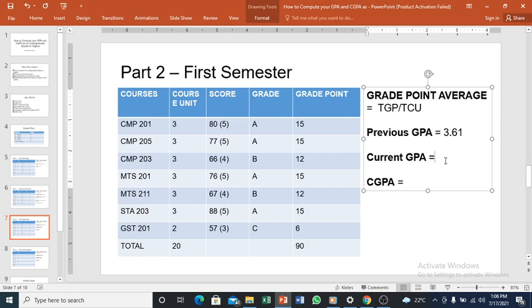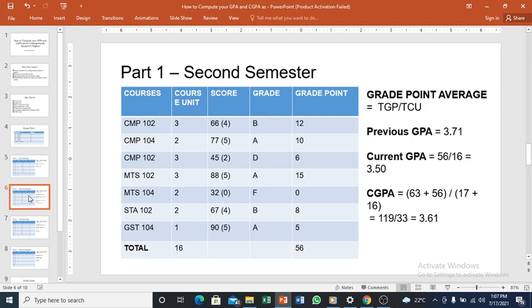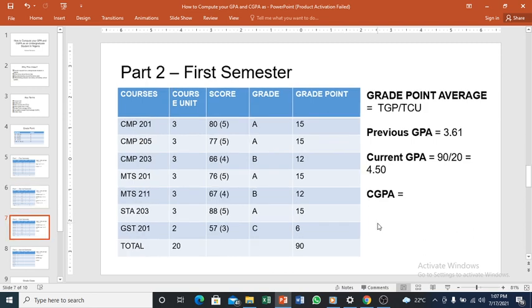So what will be the current now? Remember, total grade point divided by total course unit. So we have 90 divided by 20. That gives us 4.50. Now, I will be sharing with you briefly why we had the difference. Here we had 3.5, here we had 4.5.